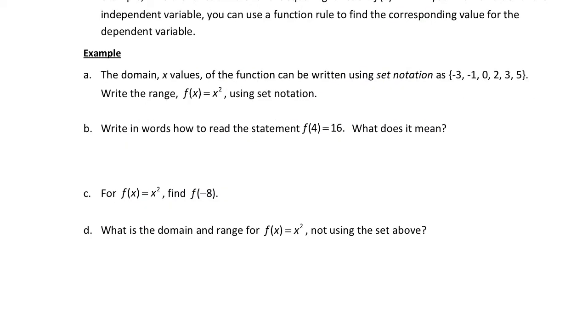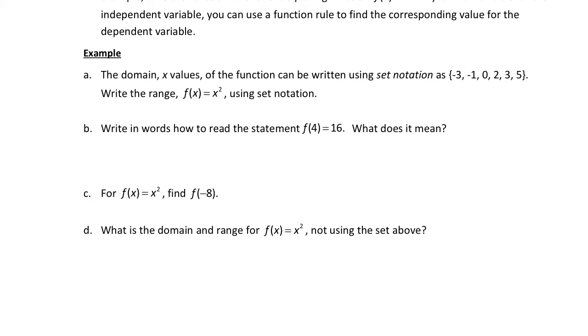So for our first example, it says the domain x values of the function can be written using set notation. So we saw set notation in the last unit where we use those fancy brackets. We're going to write the range, or the output values, for f of x equals x squared.